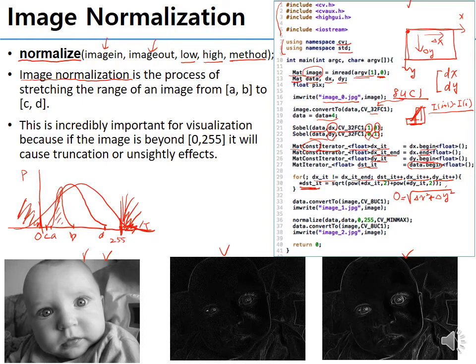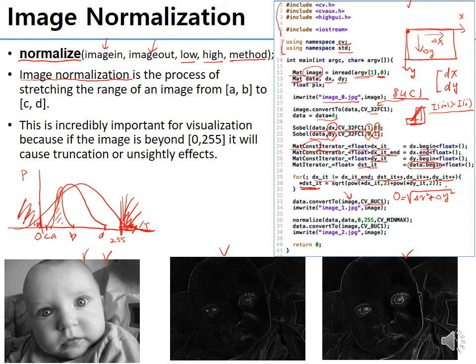The destination is data, which is converted to CV_8UC1. So we convert the data into an image.